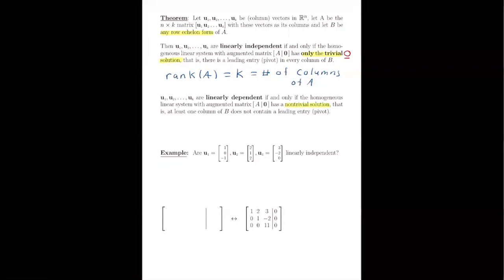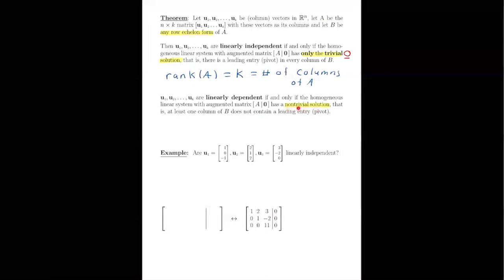And when we're dealing with homogeneous systems, we know that if it has a non-trivial solution, then in fact it has to have infinitely many solutions. So if a homogeneous system has a unique solution, that would be the zero vector, the trivial solution.